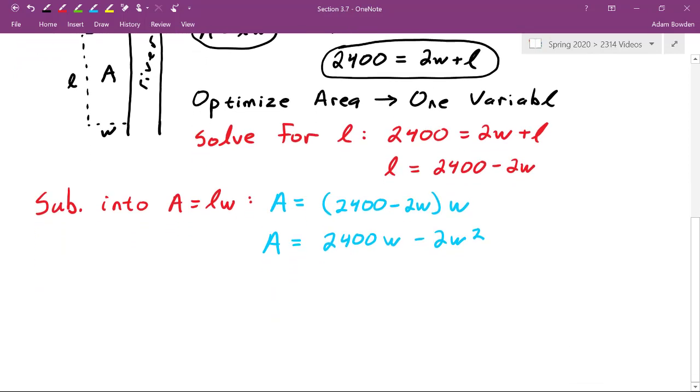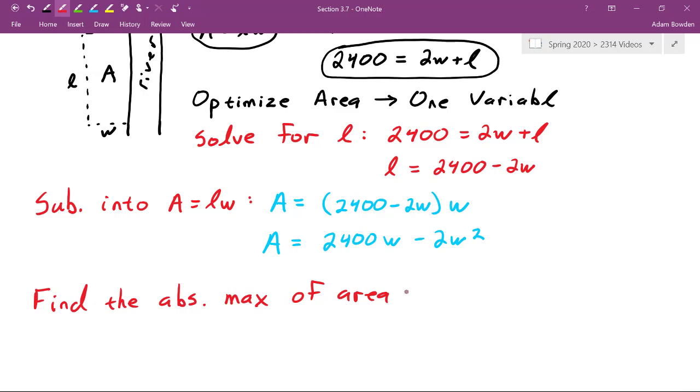Now with this information we're going to find the absolute maximum of area. The way we did this in earlier sections was to figure out the first derivative and the critical numbers, and use those to determine the absolute max and absolute min.